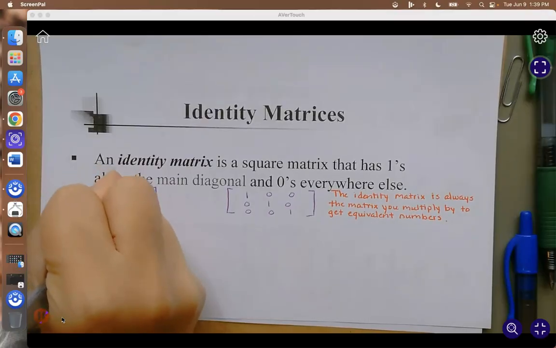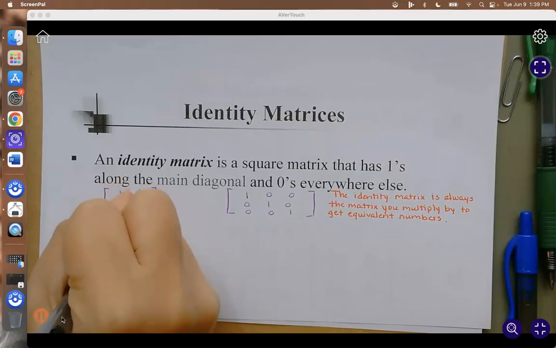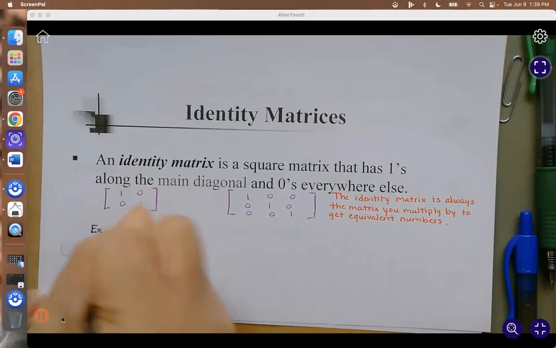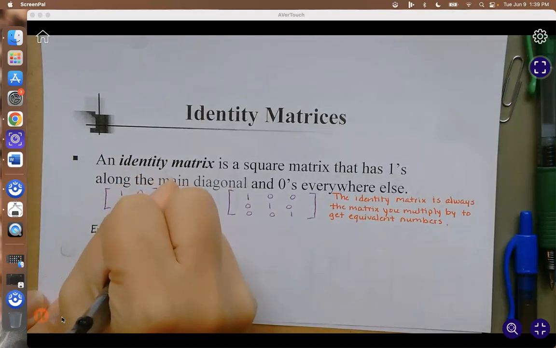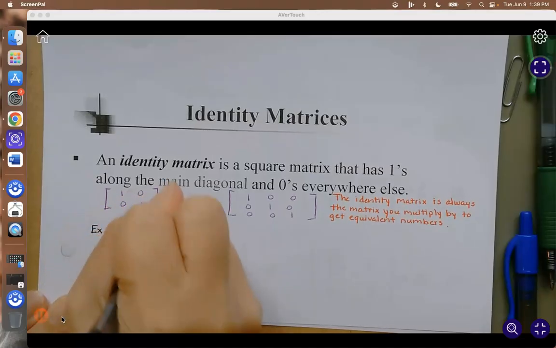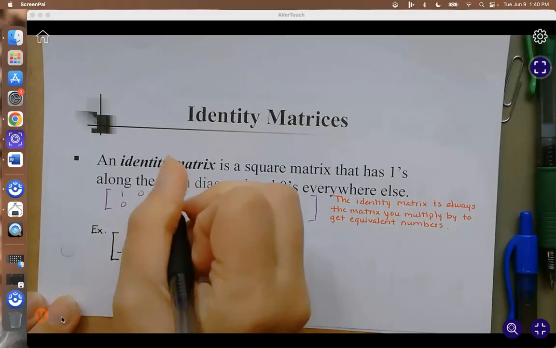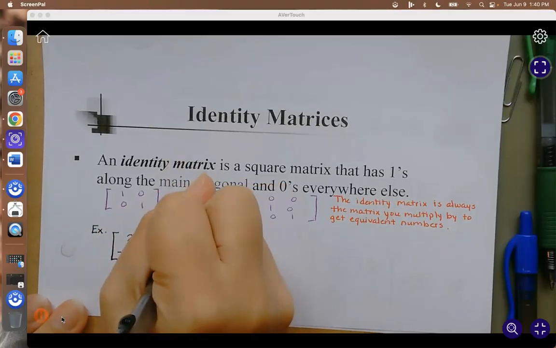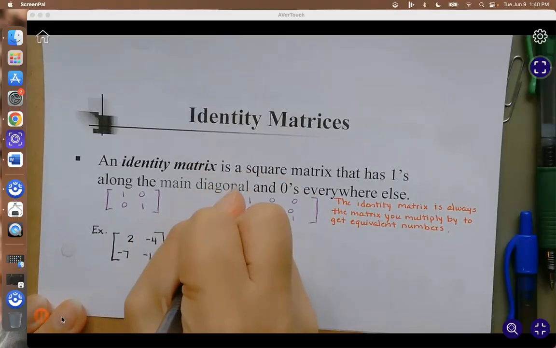We're going to do a 2 by 2 just because that goes a little faster. Okay, so let's say that the matrix that I'm given is 2, -4, -7, -1. And I multiply it by the identity matrix.